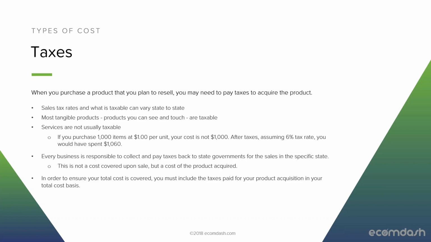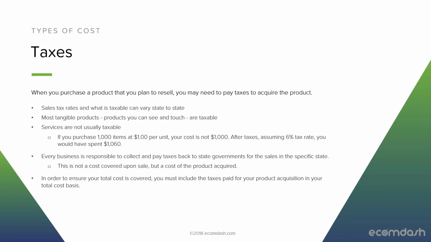As these build, you can see the various types of costs and how they can really add to your price. If you're spending extra on shipping and you've got taxes, things can add up pretty quickly. Every business is also responsible for collecting and paying taxes as part of your sales. So it's not covered, but is a cost of the product acquired. When you sell this item, you do need to cover those taxes back to the state and federal government.